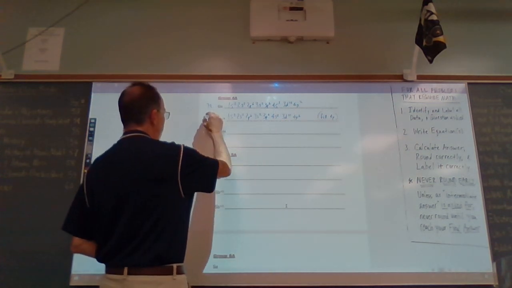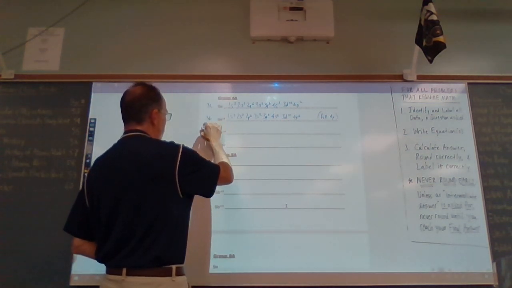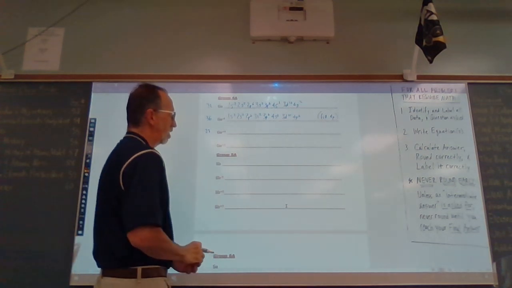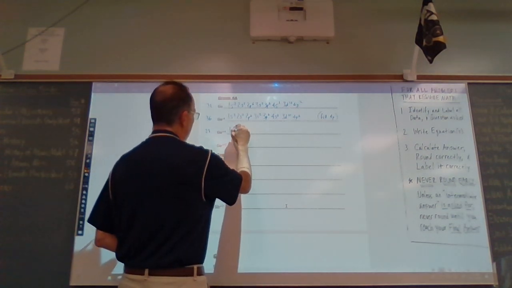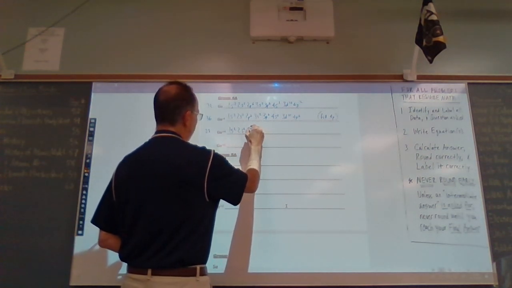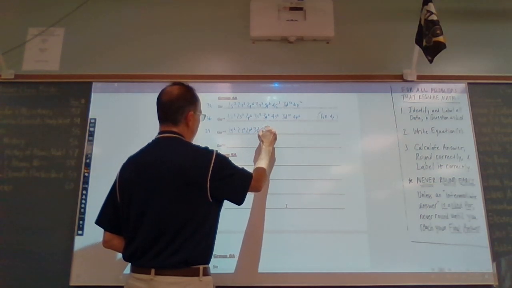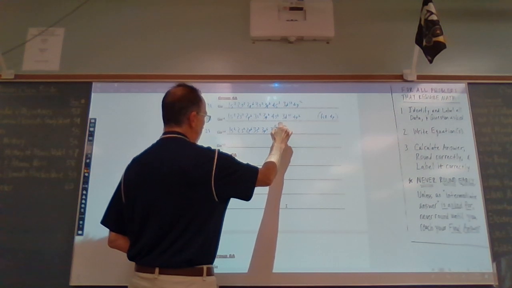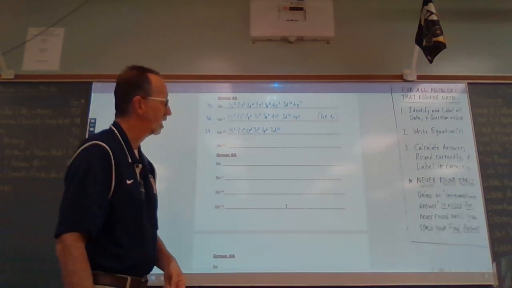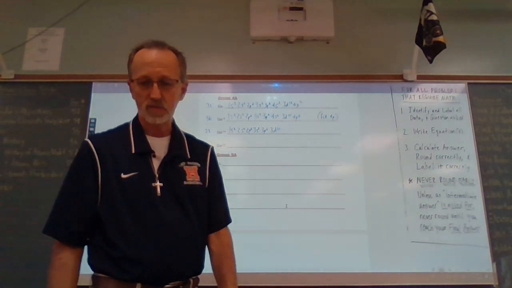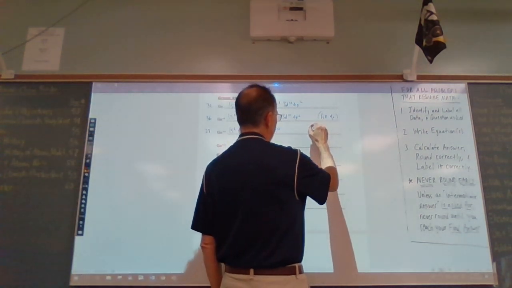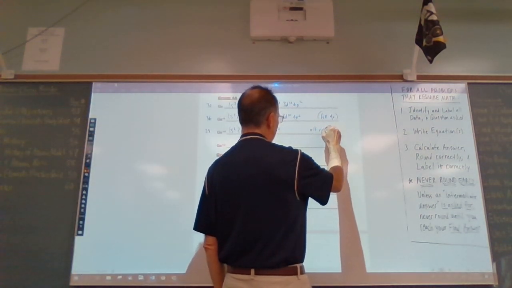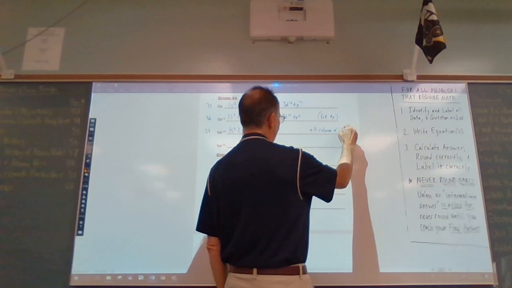If we remove those 4 from the neutral atom, which takes us from 32 electrons down to 28, the first part is the same, 3s2, 3p6, but now the 4s2 are out, so we go 3d10, and the 4p2 are out as well. In other words, all the valence electrons are out.